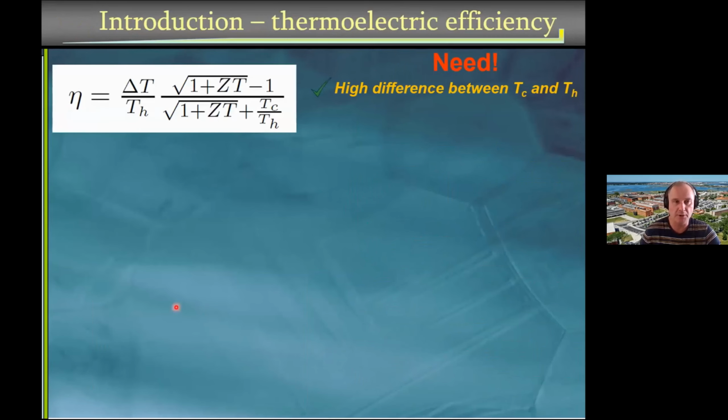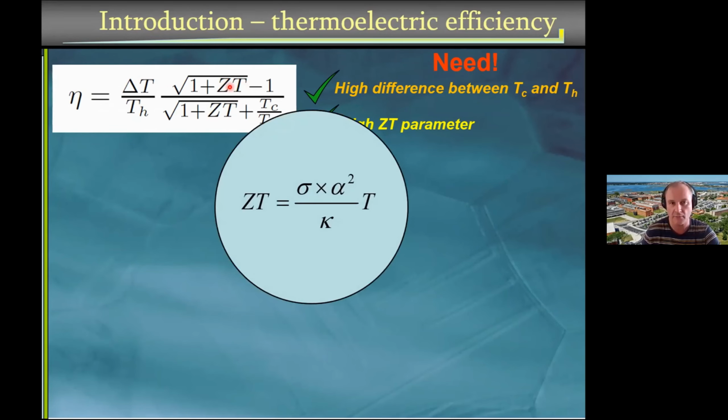So, as I'm speaking about energy conversion, the efficiency of this conversion is very important. This is the equation for thermoelectric conversion efficiency. To have high efficiency, we need to apply a high temperature gradient, and that's why we need materials which are able to withstand high temperatures. We also need to maximize this so-called ZT parameter, the dimensionless figure of merit.